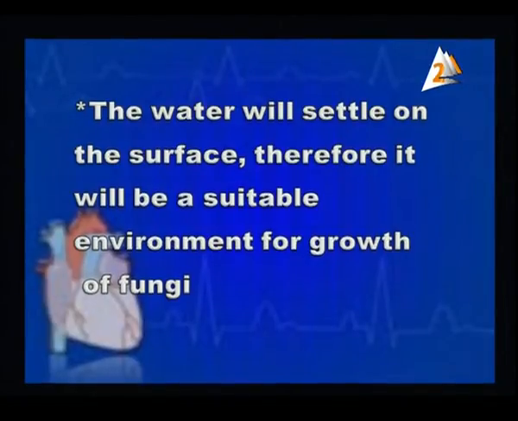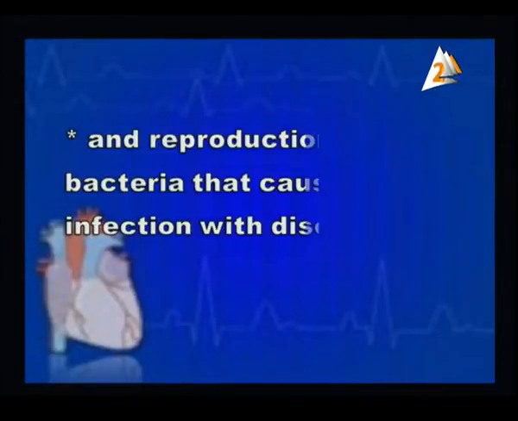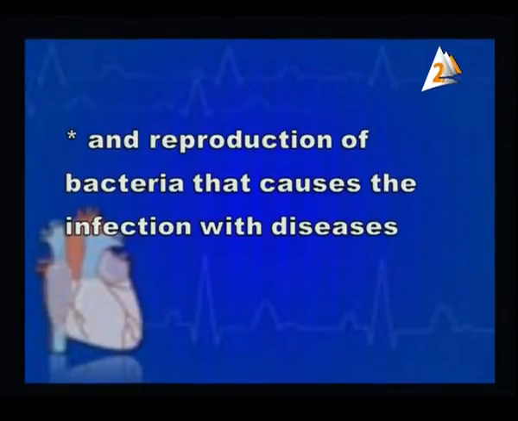Therefore, it will be a suitable environment for the growth of fungi and the reproduction of bacteria that cause infection with diseases. So the plant will be infected by diseases.